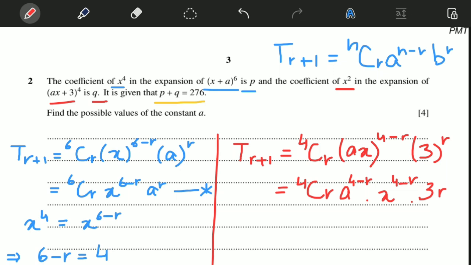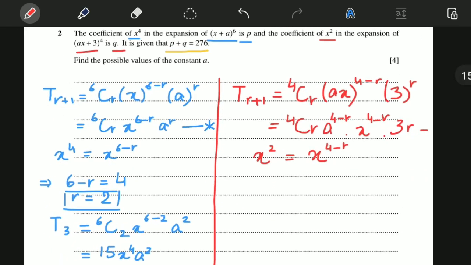So in this equation, this is your equation from which we got, we are going to equate it to the power x power 2. Okay, and then after getting r, we are going to put it in this equation. So x power 2 is the required term that we want, and we are going to put it equal to x power 4 minus r.